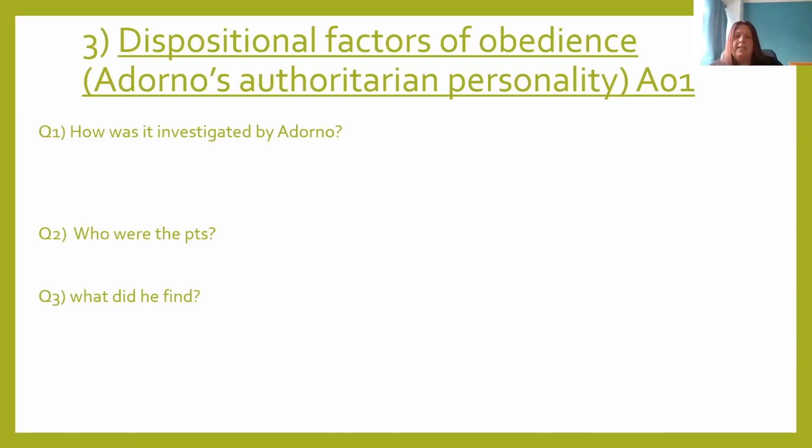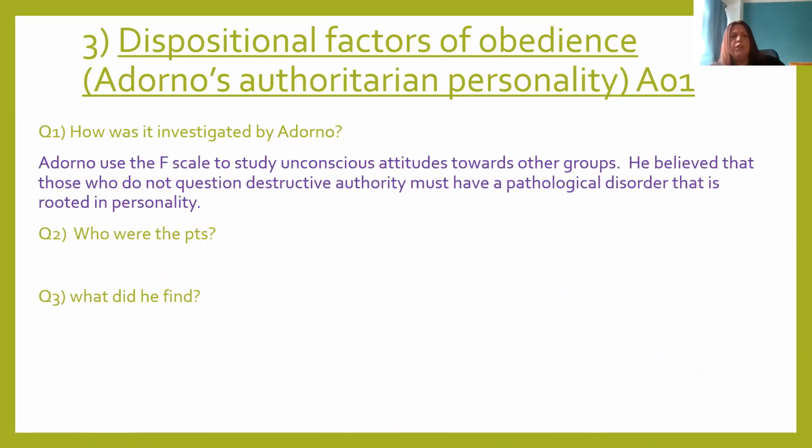So to set about testing this, Adorno created the F scale. So question 1, how was it investigated? So you can briefly talk about the fact that he created this fascist scale, the F scale, which literally was used to study unconscious attitudes towards other groups.